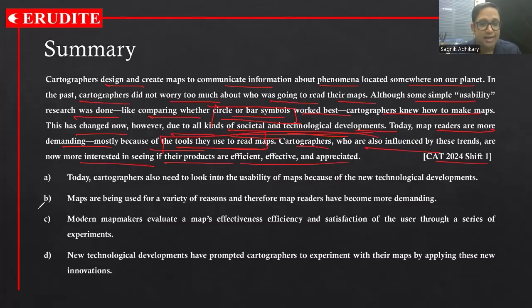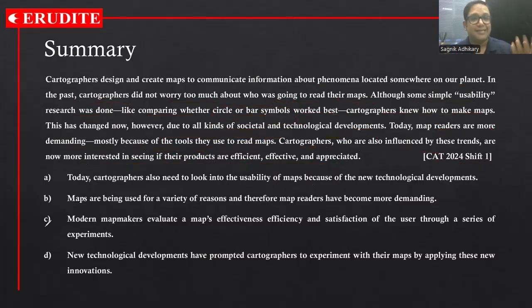So we find here that cartographers are also driven by these changes, by these technological and societal developments, such that they think about the actual usability of their maps, also because the map readers have become much more demanding. They demand that the maps are much more usable as compared to what earlier was the scenario.